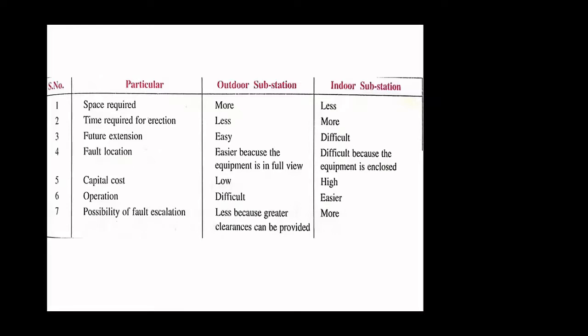Fault location: in indoor substation all the equipments are enclosed, so it is difficult to find the fault. But in outdoor substation all the equipments are in full view, hence it is easier to find the fault.